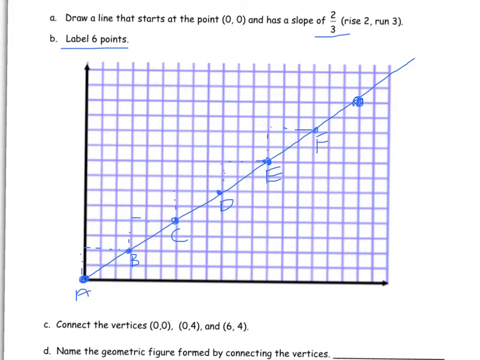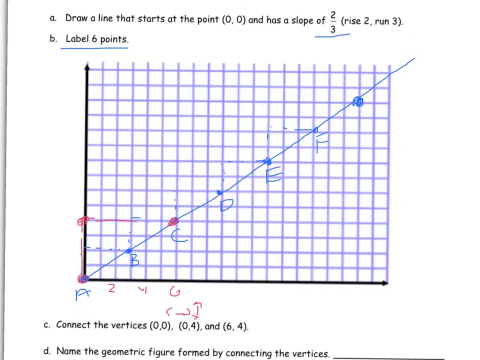So many of you had a difficult time with that too. Here's 0, 0. 0, 4, I saw many of you going over first, but 0 means how far you're going over and then up. So 0, 4 is right here, and 6, 4, so we have to go over 2, 4, 6 and up 4, so it's right there.